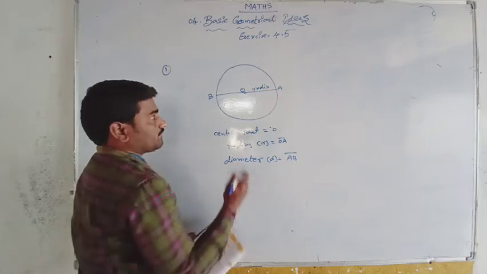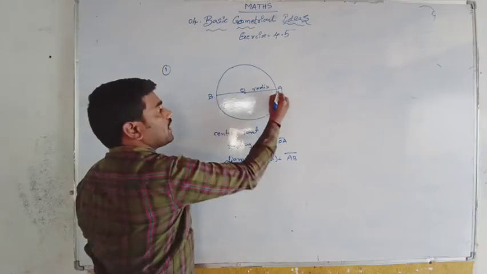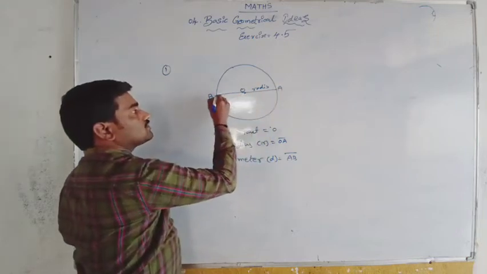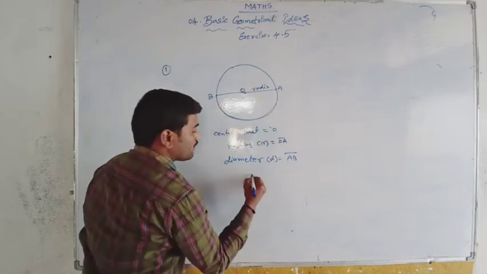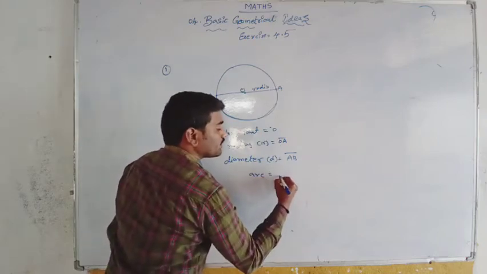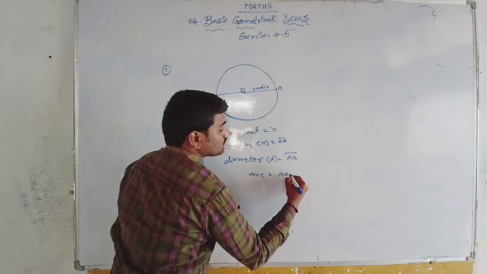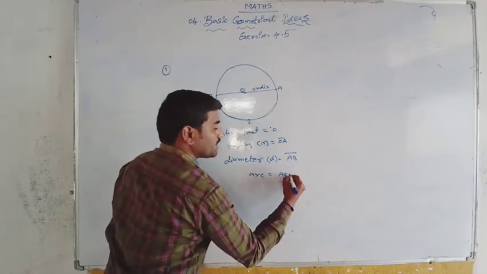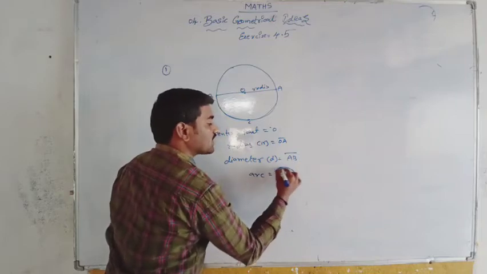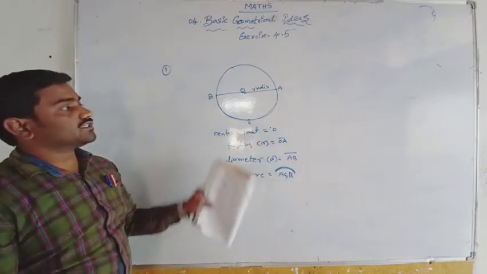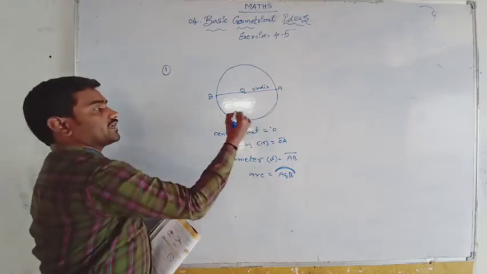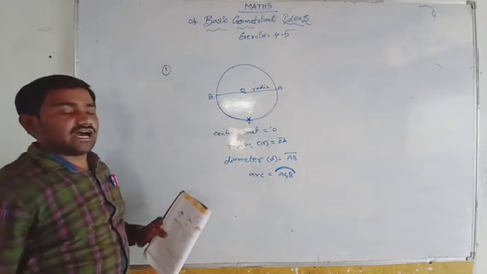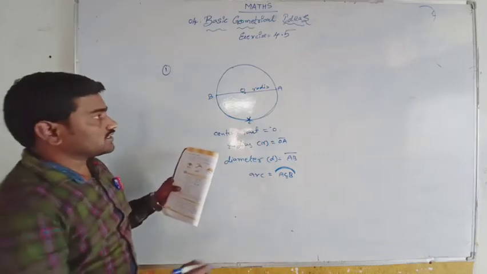And an arc: suppose we draw an arc here and keep a point C. ACB is the arc, with the arc symbol. So this is what you need to write. ACB is an arc. So finished. Now there is the second question.